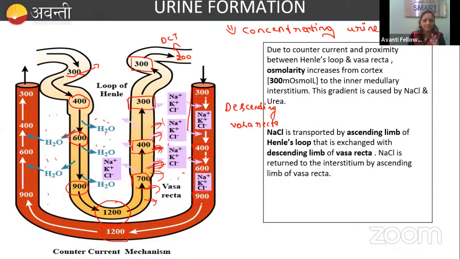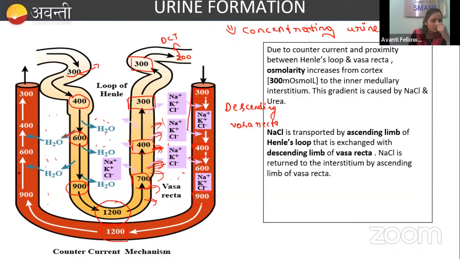Just opposite, guys, opposite to opposite. That is a counter current, right? That's the reason. Here 300 is there, here 300 is there. When it is going downward, it is increasing, but the fluid is moving in the opposite direction, right? Fine. So the sodium and chloride are taken by the vasa recta, the concentration increases and it reaches 1200.